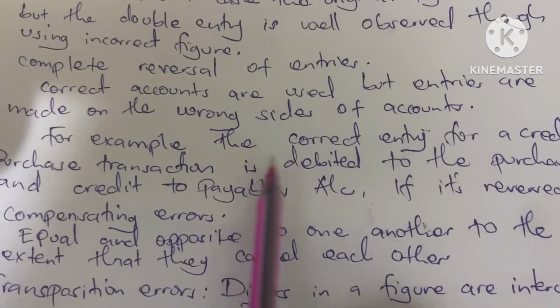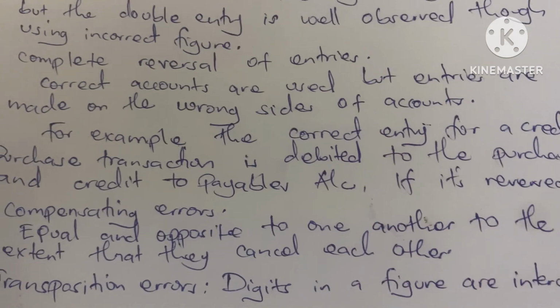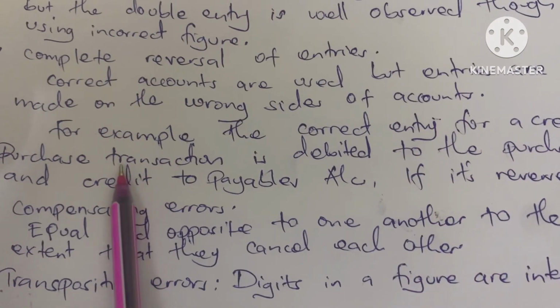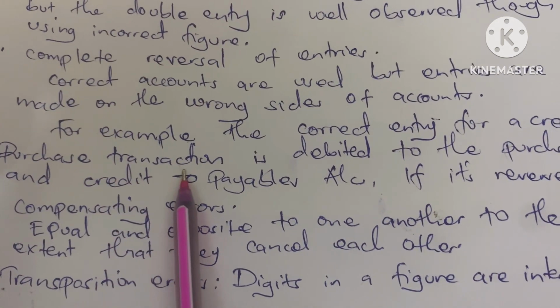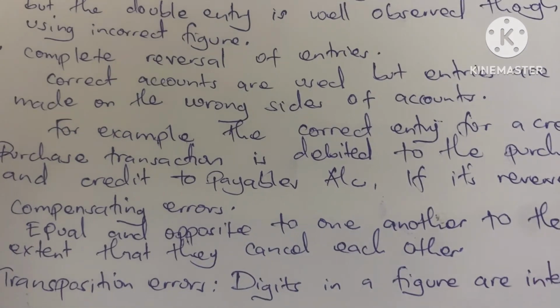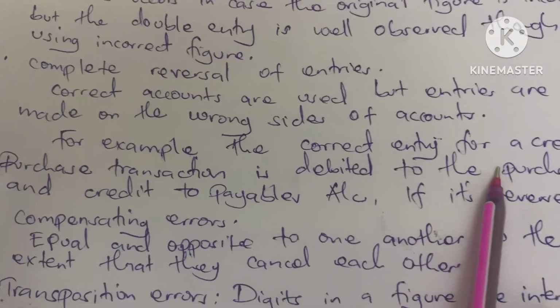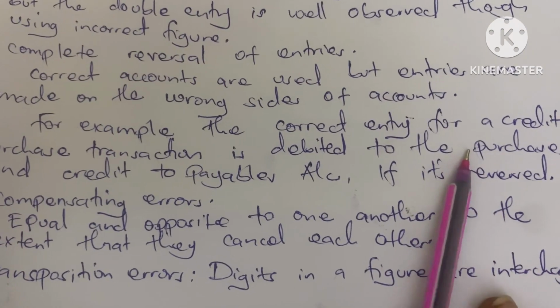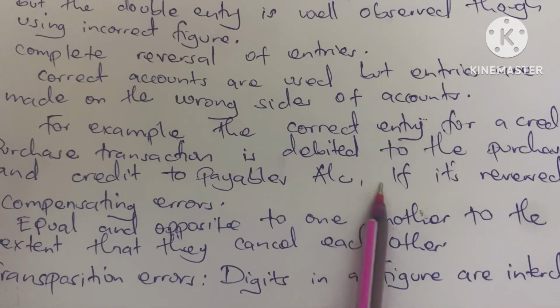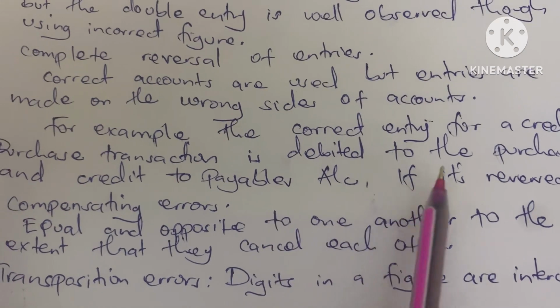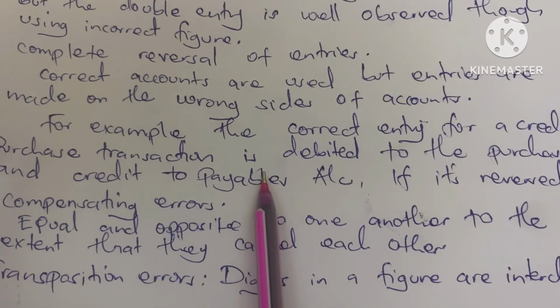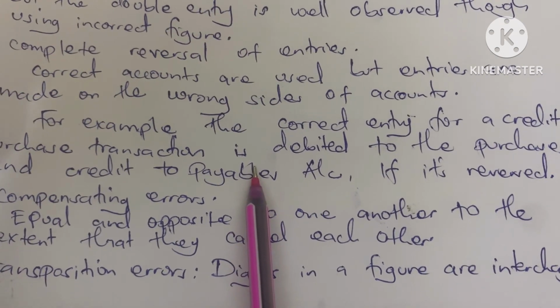For example, the correct entry for a credit purchase transaction. When a credit purchase occurs, we are supposed to debit the purchases and then credit the payables account. But then if you reverse this, it will be an error of complete reversal.